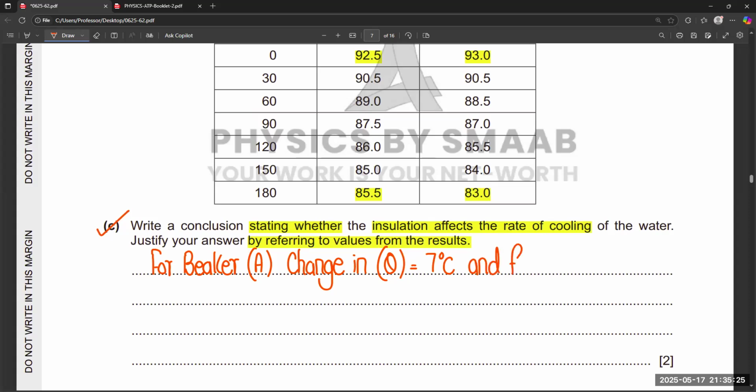And for beaker B, the difference in temperature is 10 degrees. So it means that with insulation, temperature drops slowly, and without insulation, temperature drops quickly.